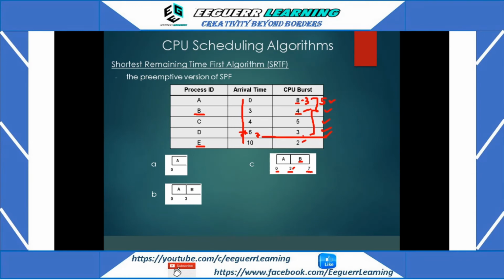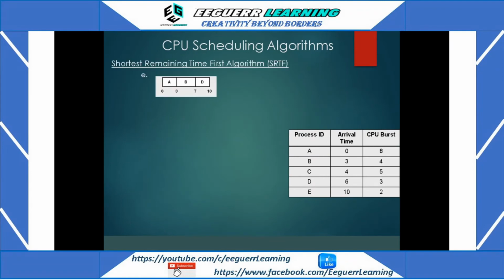By our checking, this is the smallest CPU burst, and we're going to schedule process D. Process D will now be accommodated and placed in our queue here, because the CPU burst of 3 is smaller than all these other CPU bursts. Then 3 will be added to 7. 3 plus 7 will give us 10, of course.